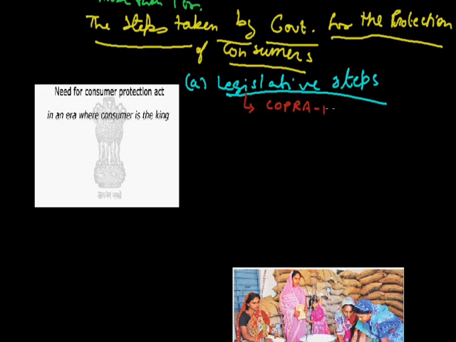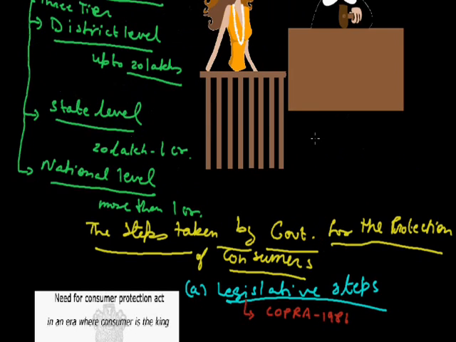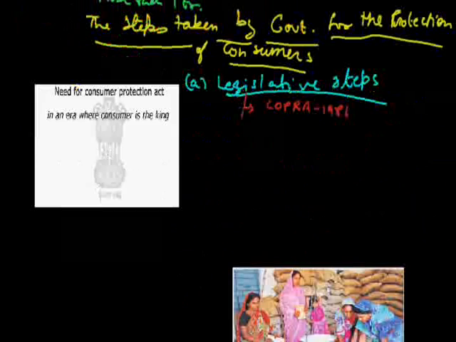COPRA in 1986, passed by the Parliament of India. This act is to solve consumer grievances in a speedy, simple and inexpensive manner. And as we discussed earlier, under this there is a three-tier quasi-judicial system.